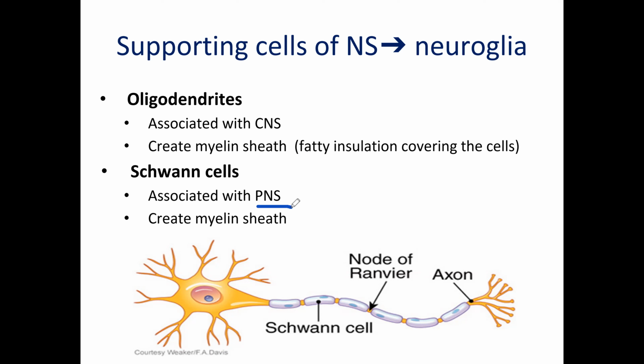In the peripheral nervous system, we also have myelin sheath, but different cells make it, and they are called Schwann cells. So oligodendrocytes and Schwann cells both create the myelin sheath, but oligodendrocytes are in the CNS, Schwann cells in the PNS.